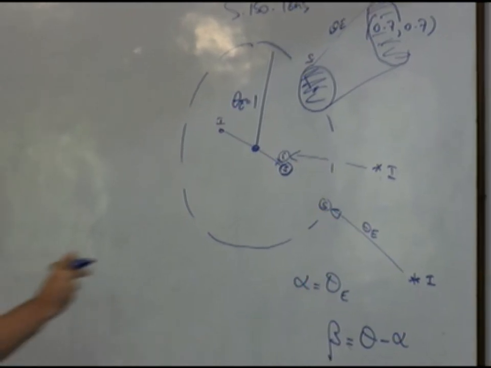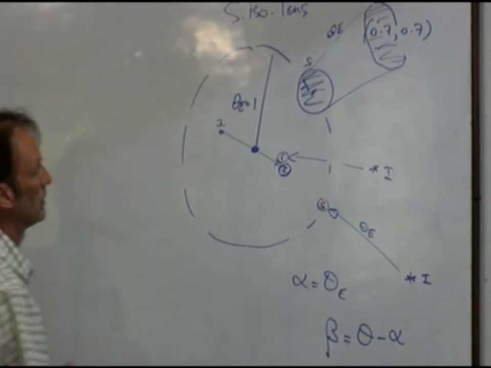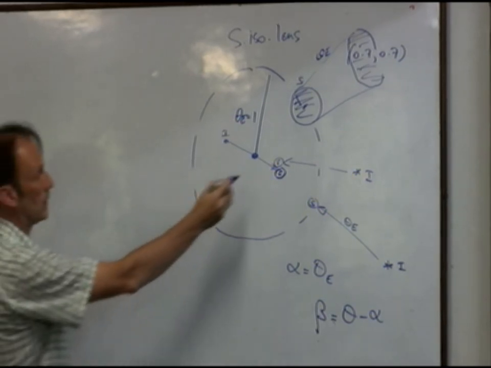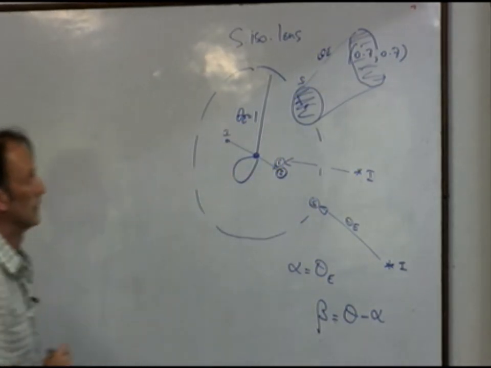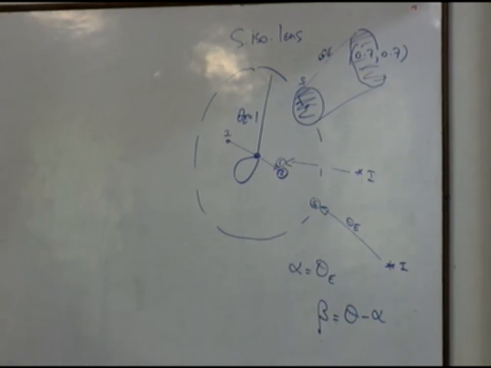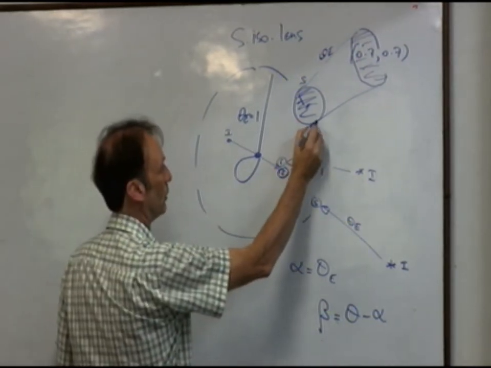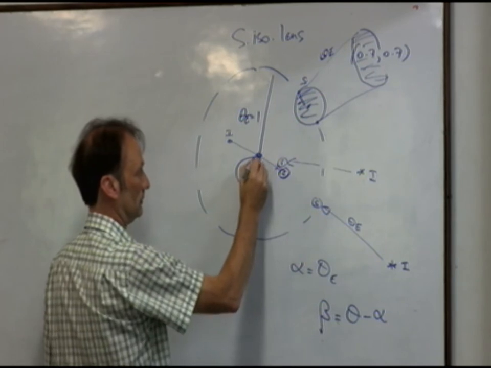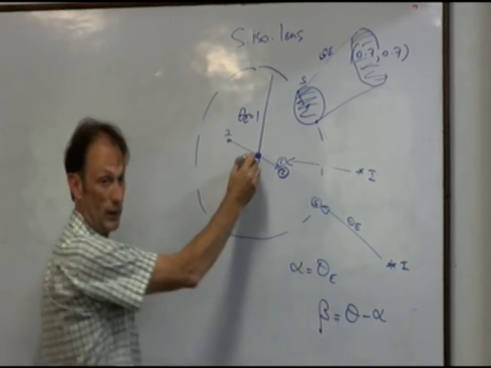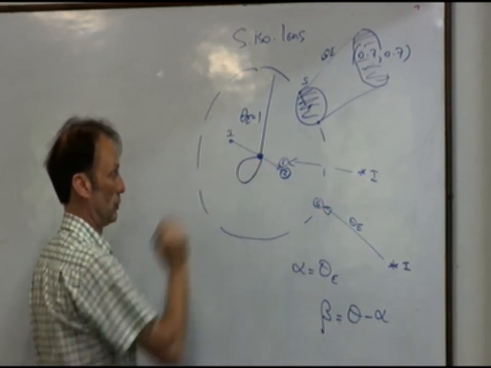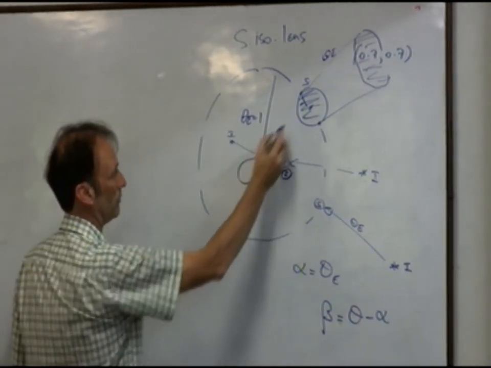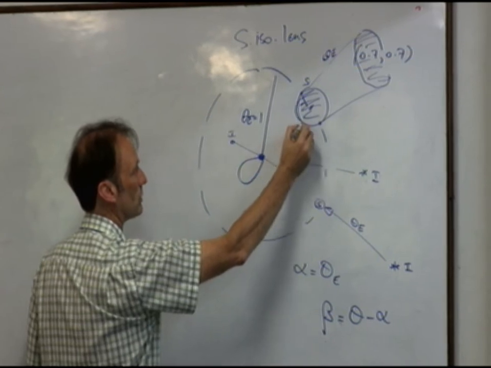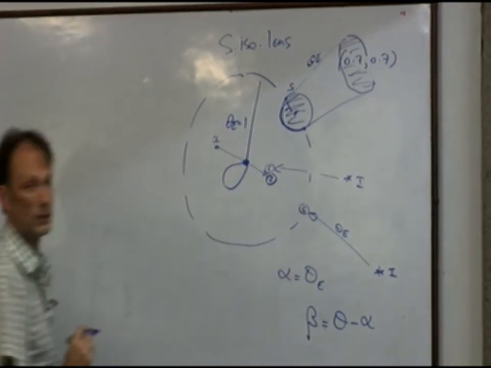So part of the source actually corresponds to a kind of image like this. These points here, which are on the Einstein circle, are part of the image of the source right behind the lens. And this part of the curve here is the part of the source which falls inside the lens.